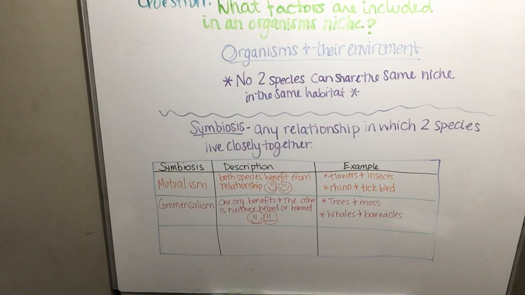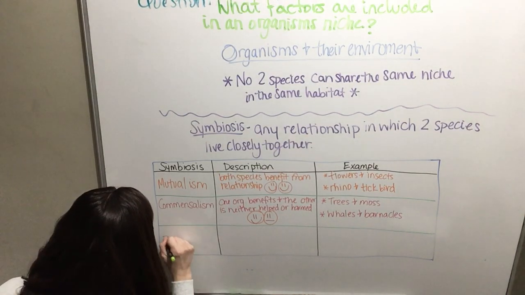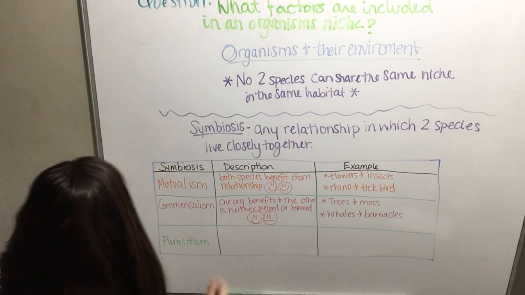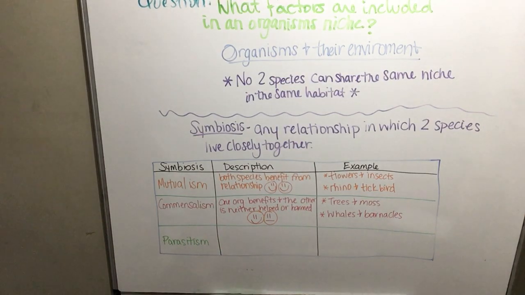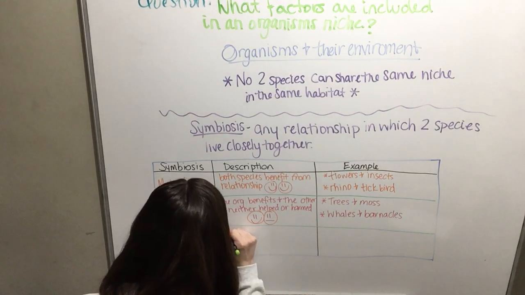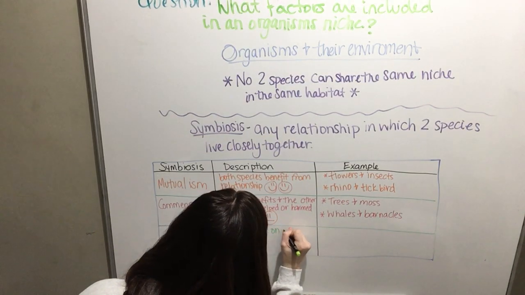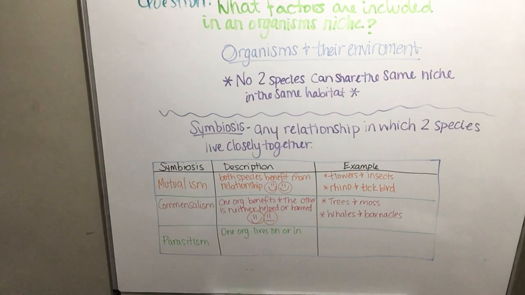And your third one here is called parasitism. This is where one organism lives on or in another organism and harms it.